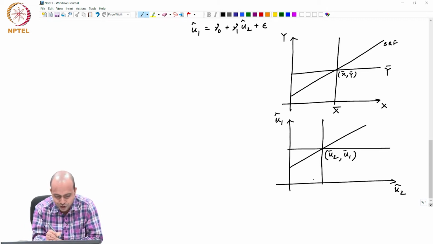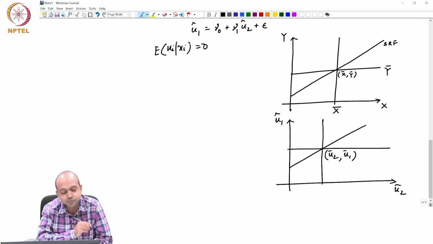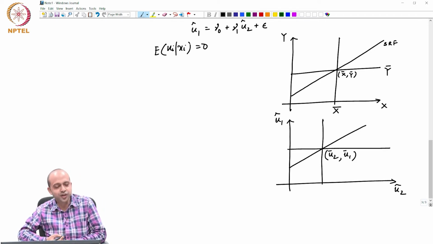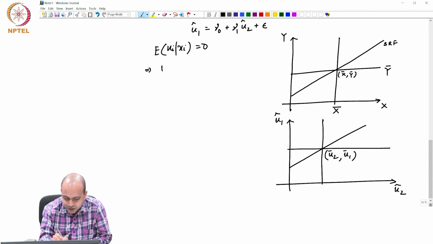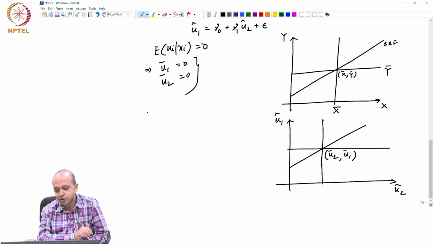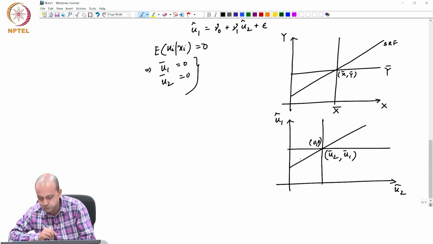If you recall, one of our assumptions that we mentioned is that the expectation of ui given xi equals 0. If that is the case, following this assumption we can say that u1 bar equals 0 and u2 bar is also equal to 0, and that means this is the coordinate 0, 0.